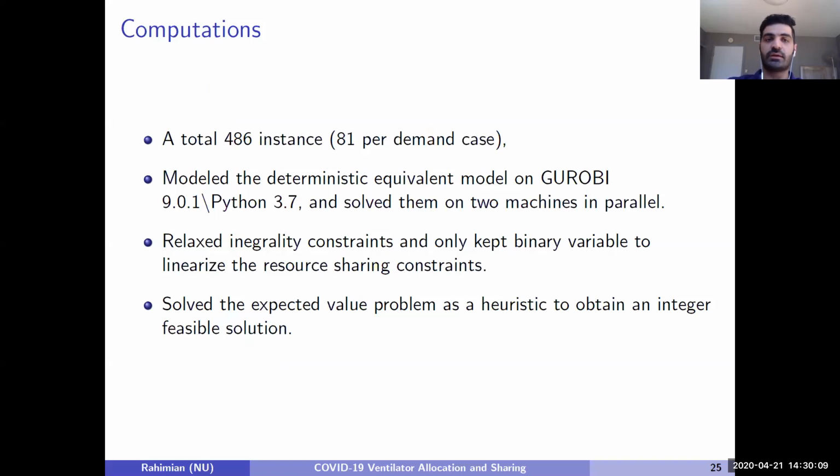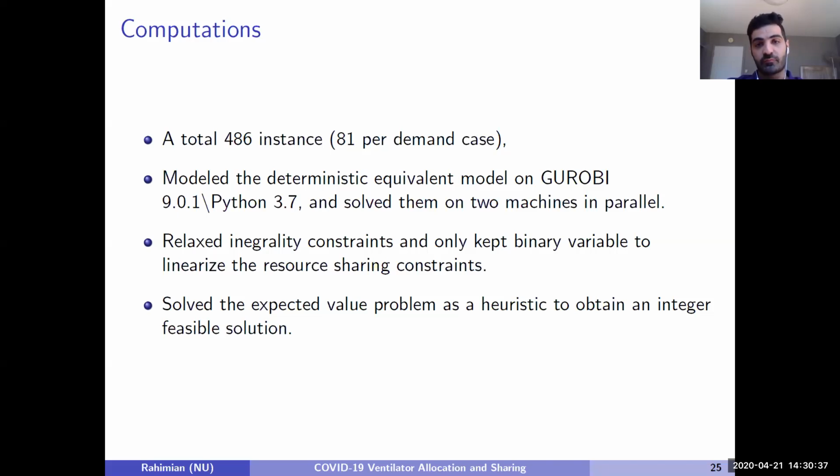As I mentioned, we formed a deterministic equivalent model of the problem, assuming a finite number of scenarios per case. We solved that with Gurobi in Python on 2 machines in parallel. In order to solve the model, we decided to relax the integrality constraints on decision variables and only keep the binary variables that were used to linearize the resource sharing constraints.